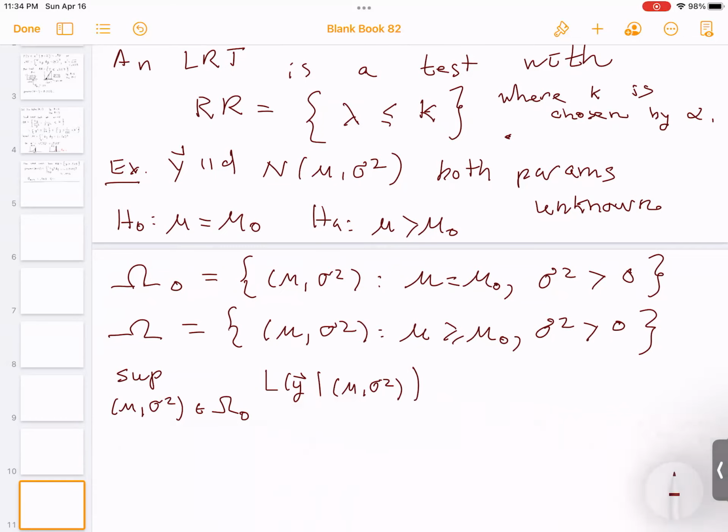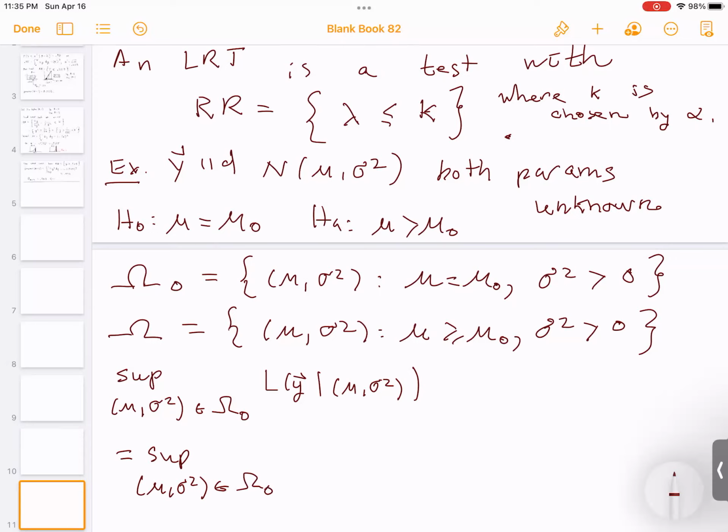Okay, what is this equal to? This is equal to, so I'd have to write the sup again. I'm going to do this again. So this is equal to sup over mu, sigma squared. And what do I get for my likelihood?